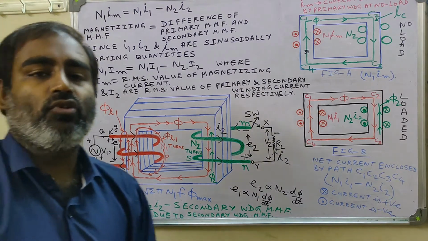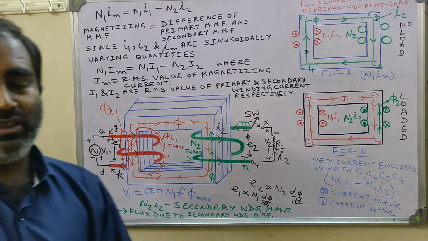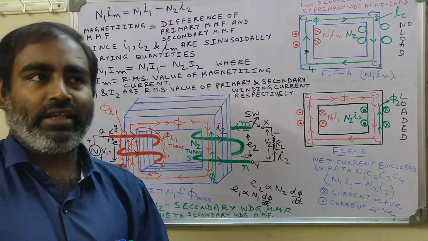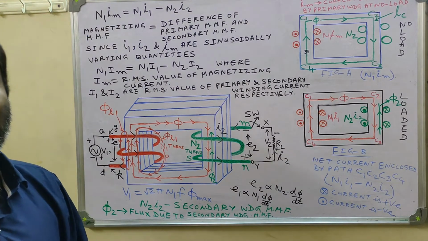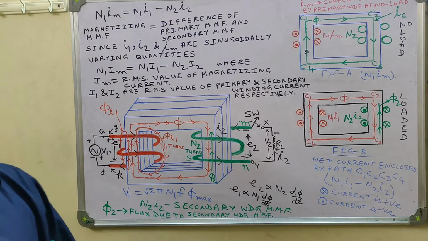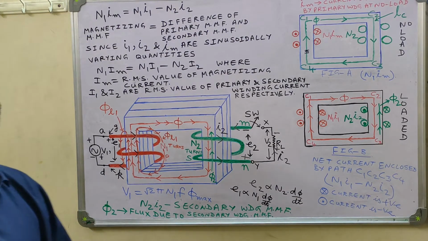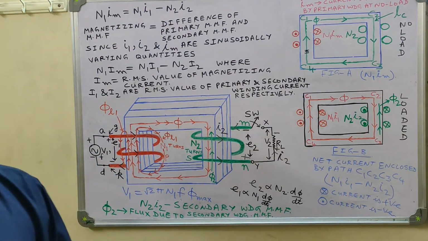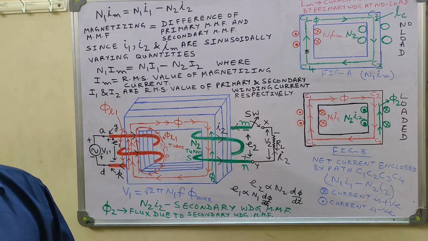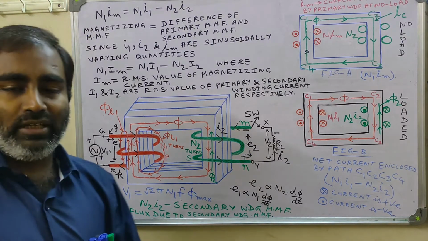An ideal transformer does not exist in actual practice, but nevertheless we start learning the working of a transformer from an ideal transformer. Then we go on removing the idealities, or the assumptions which we have made for an ideal transformer, one by one, so as to arrive at the real picture or the true picture of a real transformer. So in this way it is found to be convenient.